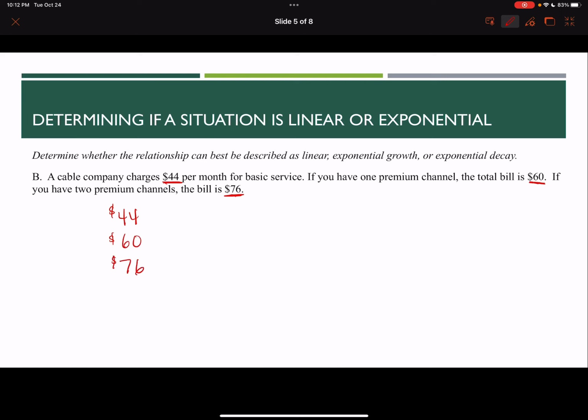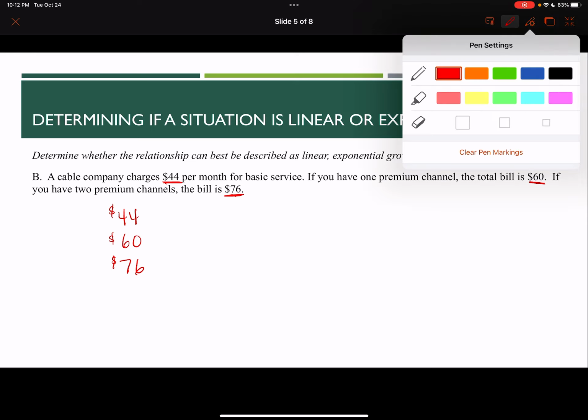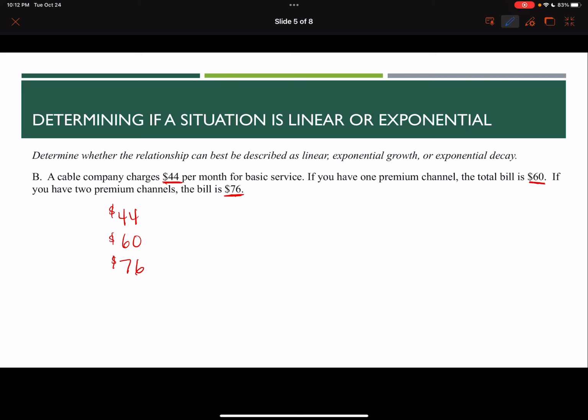$76. So again, like I said to you before, I would always check to see if it's linear. To me, that's kind of the easier one to check first. So if it's linear, that means there's going to be an addition or subtraction relationship. So what do I have to add to 44 to get to 60? Or in other words, you can think 60 minus 44, right? So that's 16.